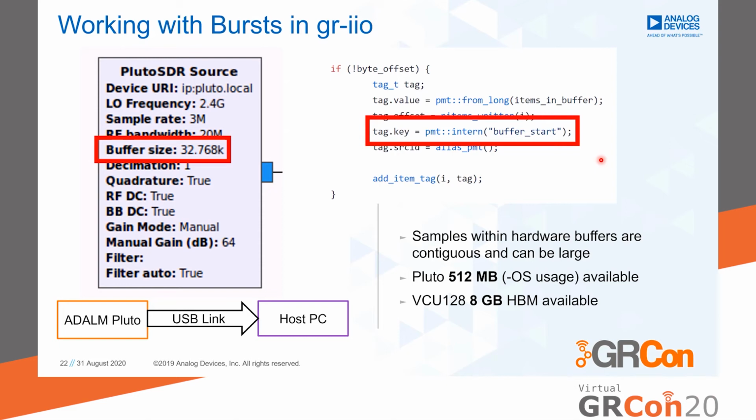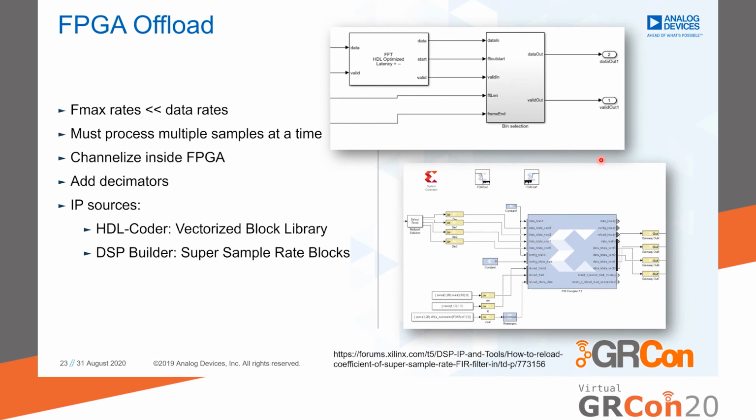The next step might actually be trying to offload some of the processing into the FPGA itself. There are great frameworks out there like RFNoC, but when we're talking about doing processing in the FPGA, there are limits that you'll run into. One of the common constraints is what we call Fmax rates.